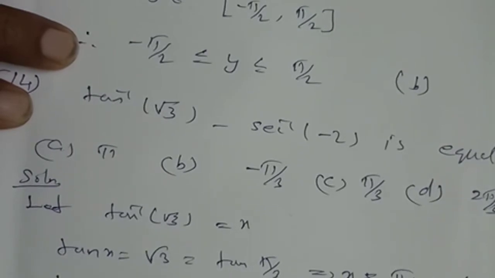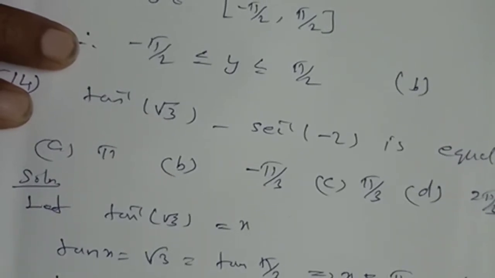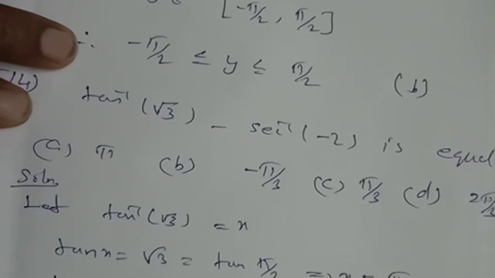Therefore secant inverse of minus 2 is equal to 2 pi by 3.